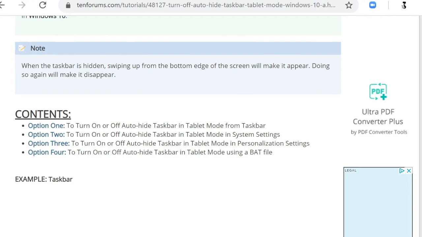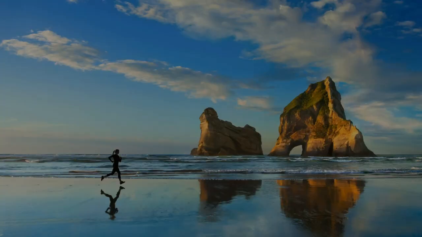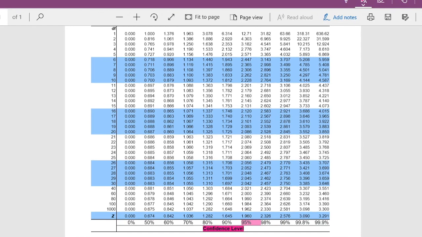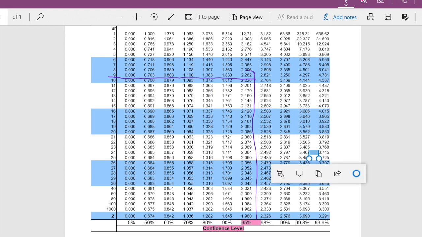Oops, wrong. So I know it's a 95% confidence interval because it's right there. So I go to the column where it says 95, and then I go to my degrees of freedom, which are 9. My pulse is not very good, but I'm pretty sure you all knew that. So here is my t-critical. There you go.